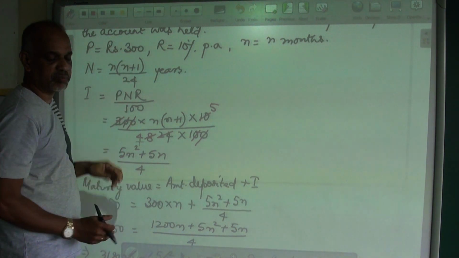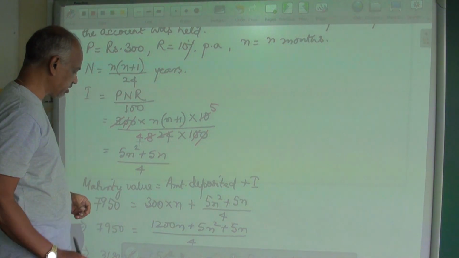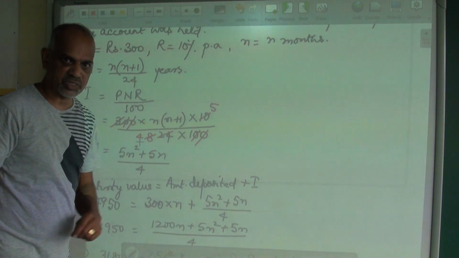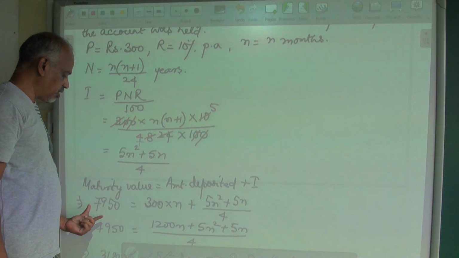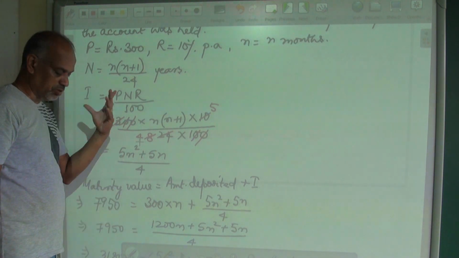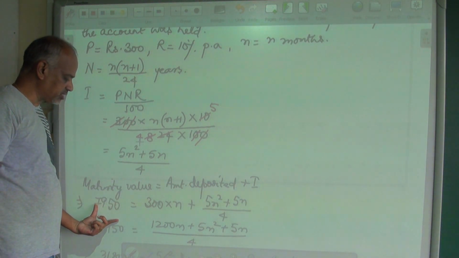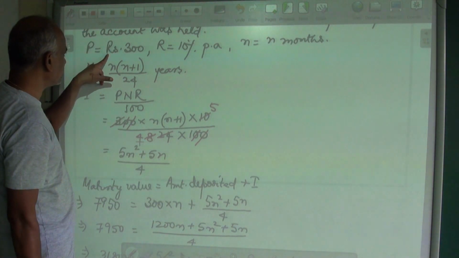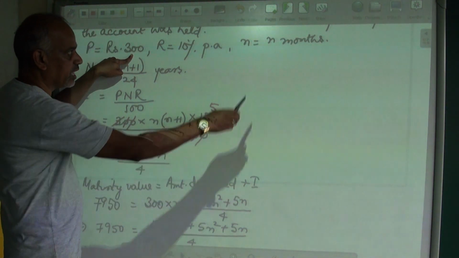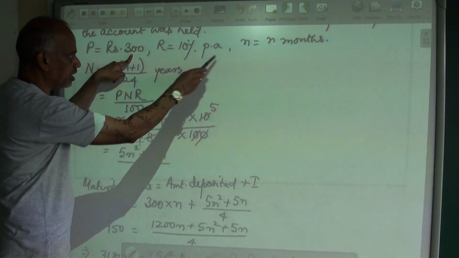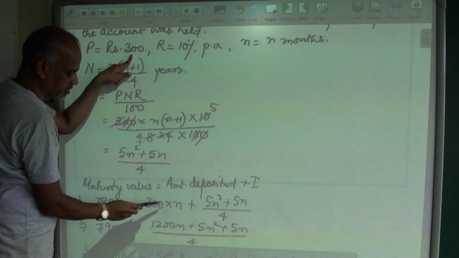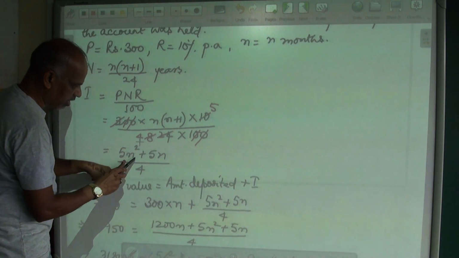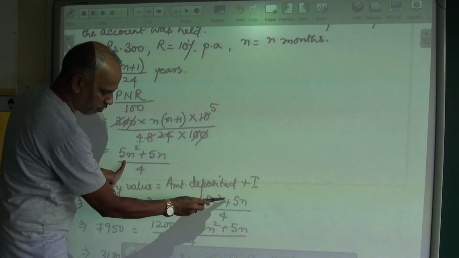Then you also know the maturity value. Maturity value is amount deposited plus the interest. Maturity value is 7950, that's what was given, is equal to amount deposited. He has deposited 300 rupees for n months, so amount deposited is 300 into n, plus interest is 5n squared plus 5n divided by 4.